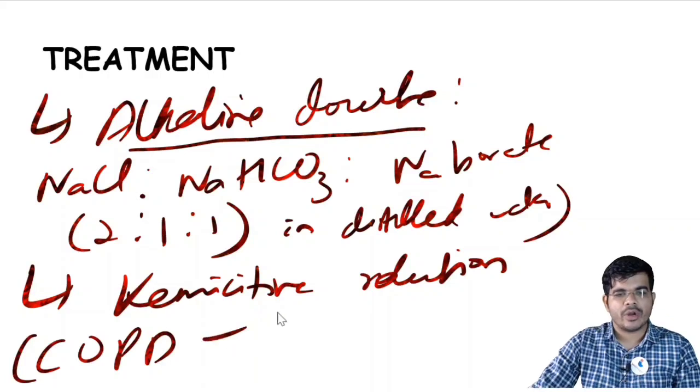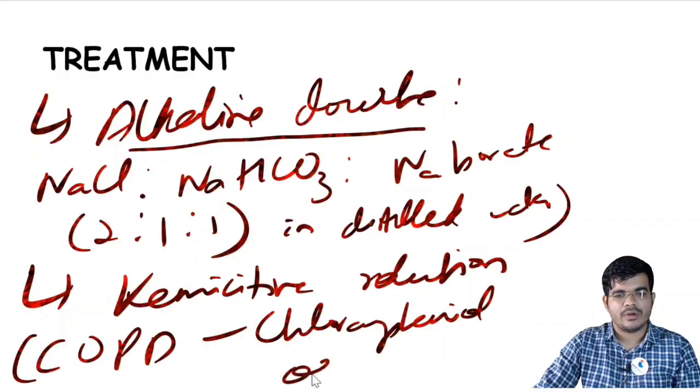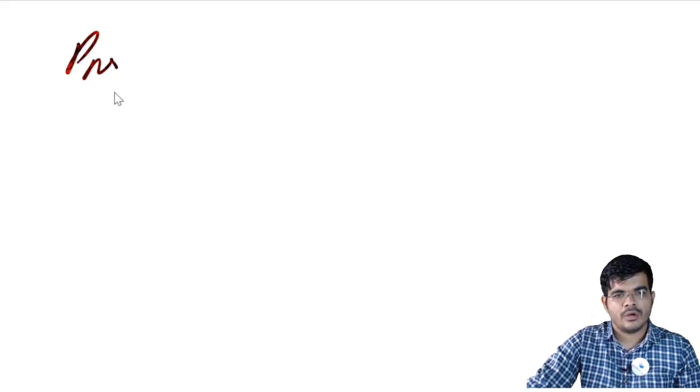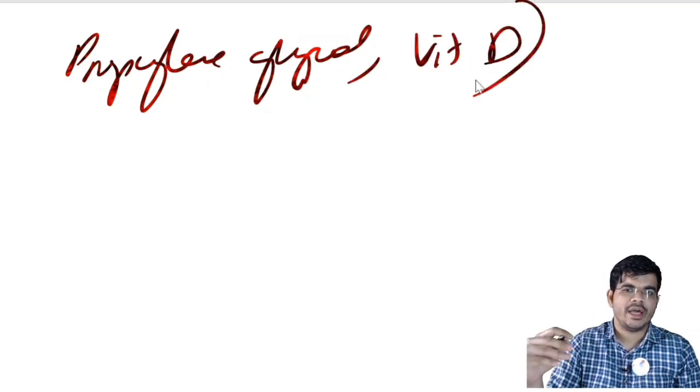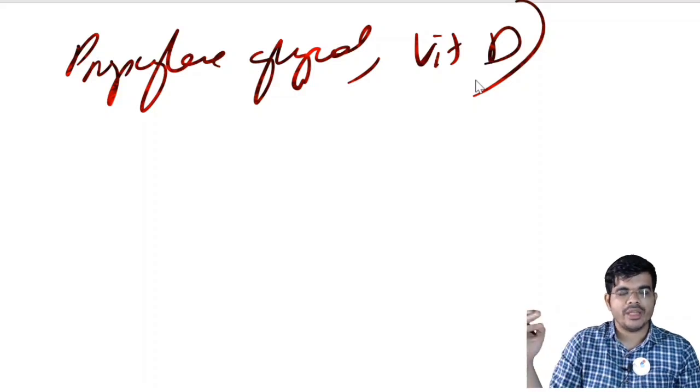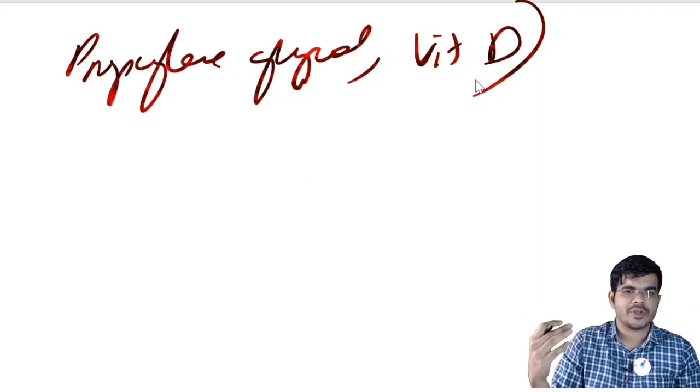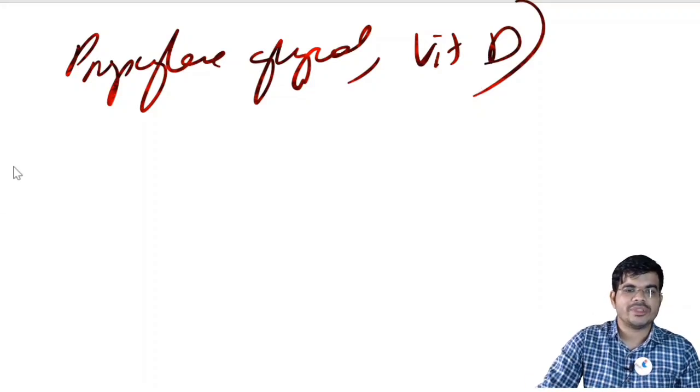It contains chloramphenicol, estradiol, propylene glycol, and vitamin D. Okay, chloramphenicol is used to treat the infection caused by Klebsiella ozaenae. Vitamin D is to reduce the vitamin deficiency problems, and estradiol to reduce the estrogen deficiency problem. I already told you estrogen deficiency can result in atrophic rhinitis. Okay, so that's about Chemicetine solution.